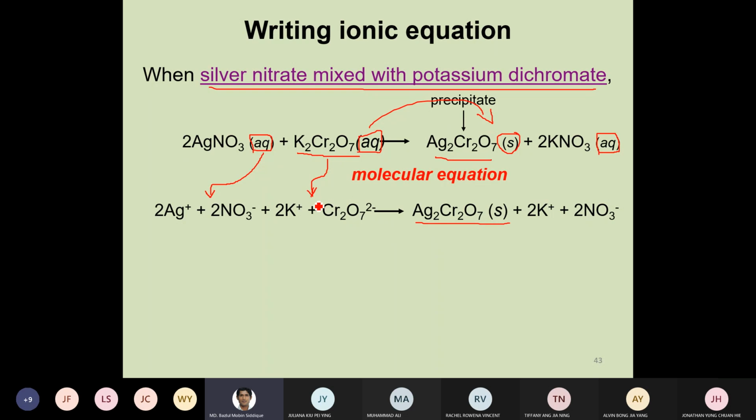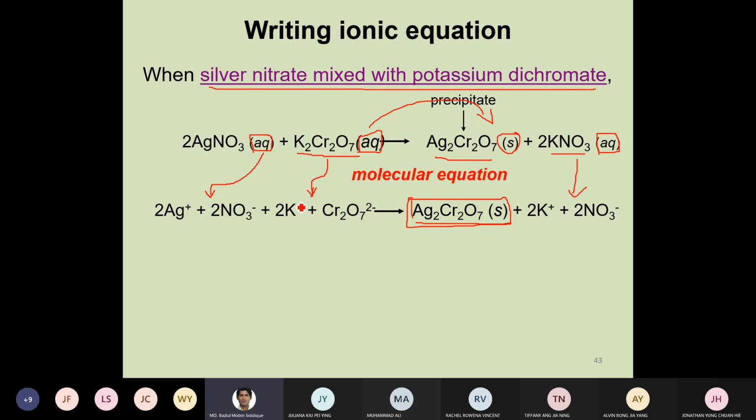This is solid, so it is not shown as ions here. It is one solid compound. It is not dissociated into ions. But potassium nitrate is in aqueous form, so it is also shown as ions.